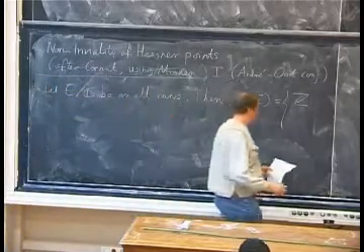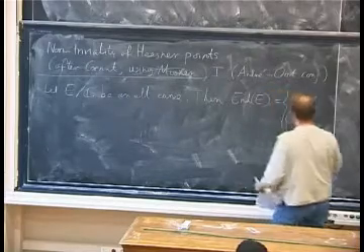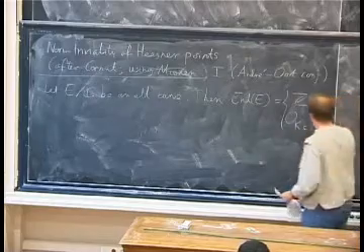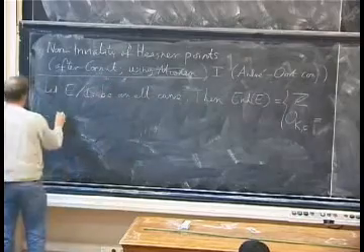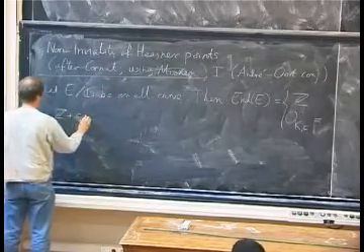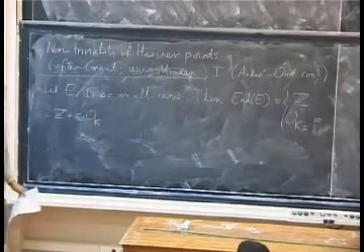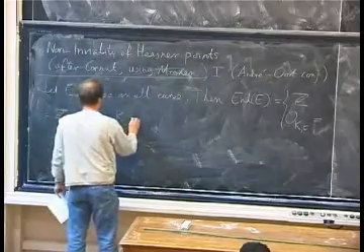And just to do this only once, we will label these orders by the field and the conductor. This O_{K,c} is just Z plus c times O_K. So O_K is the maximal order in this quadratic imaginary field K.